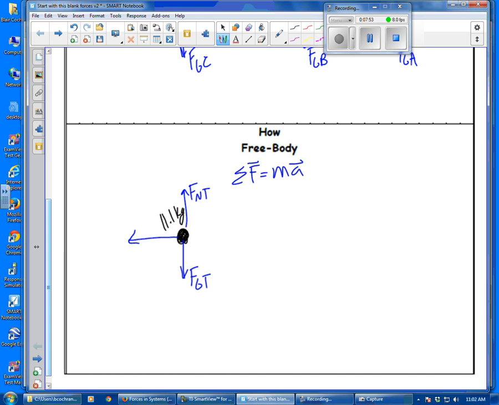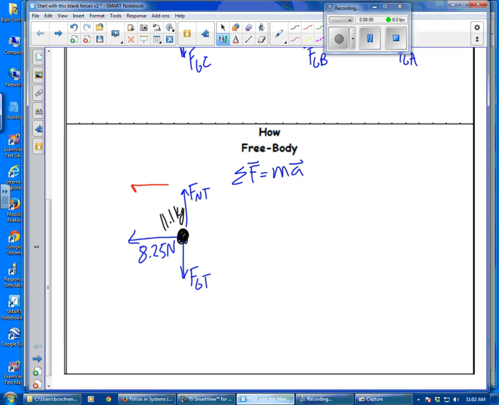Yes, this is for the system. And I'm pushing with 8.25 and I'm accelerating. So I've represented my equation now through a drawing, that free body drawing.